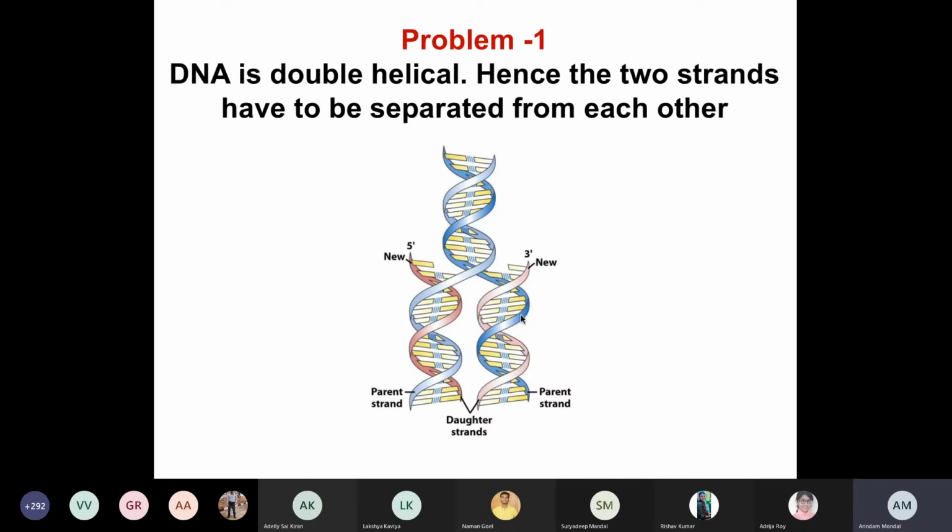strand. Now in our previous class, we discussed how you can separate the two DNA strands from each other. If anyone wants to recap that particular experiment, how you can actually separate the two strands of a double-stranded DNA.